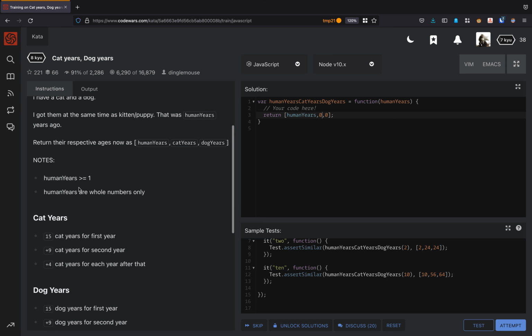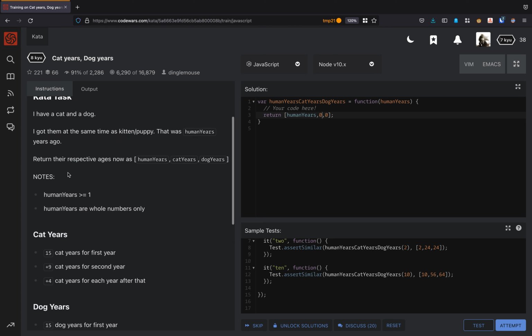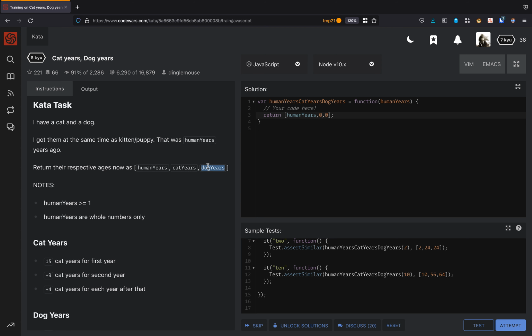So the return value was to have human years, cat years, dog years, right? So let's return cat years from this, and then dog years. Like that. Then we should implement these 2 functions.